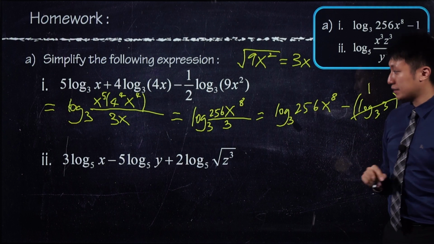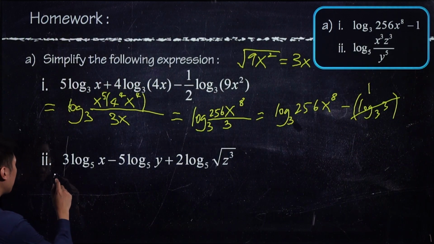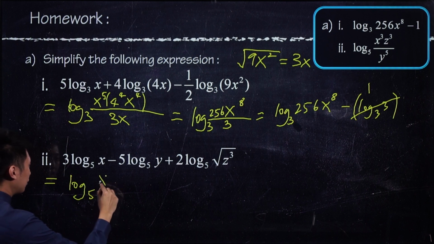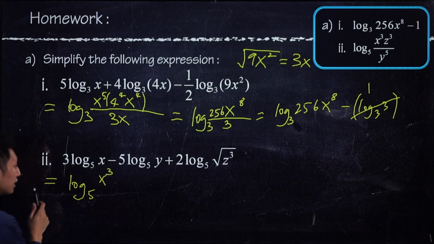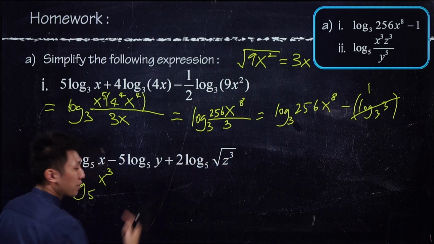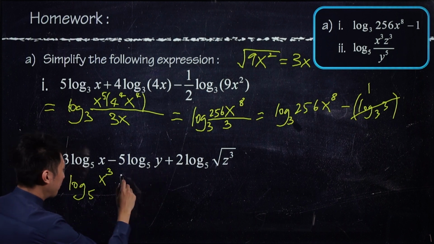Okay, next, this one. So let's do this. This is equal to log 5 x to the power 3 because it's a positive. Then another positive here, you put these two in, becomes square. Square means the square root will be cancelled off.